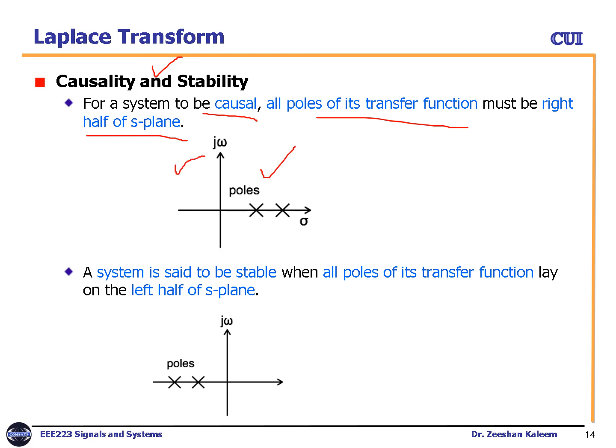So if you want to check whether the system is causal, you find the poles, and if the poles lie on the right half of the plane, like these two poles we have on the right half, it means that the system is causal. And if you want the system to be stable, all poles must lie on the left half of the S plane. So when they lie on the left half, it is stable, right? So causal is right half, stable is left half.